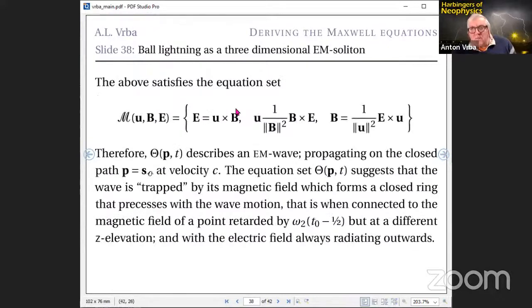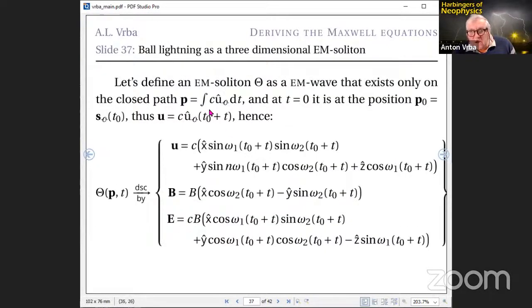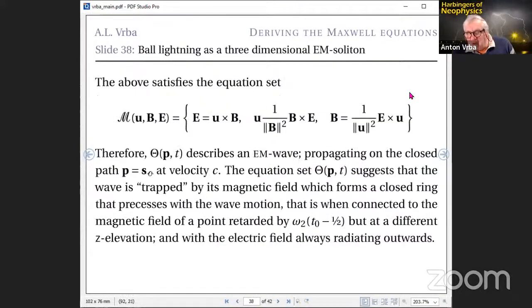Because these satisfy these equations, and we know that these equations lead to the wave equations, then phi and t describe an electromagnetic wave propagating on the closed path S0 at the velocity c.